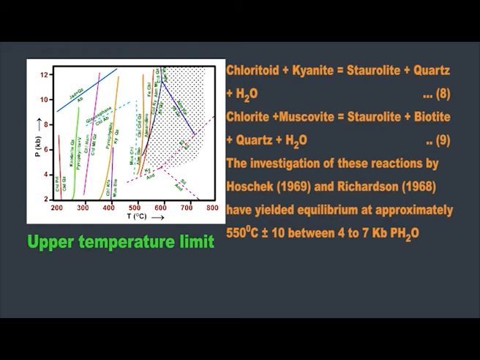Chlorite plus muscovite gives rise to staurolite plus biotite plus quartz plus water. Reaction number 9. The investigation of these reactions by Hoschek in 1969 and Richardson in 1968 have yielded equilibrium at approximately 550 degrees centigrade plus or minus 10 degrees between 4 to 7 kilobar water pressure.